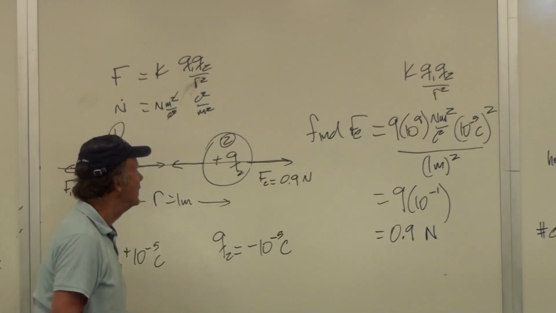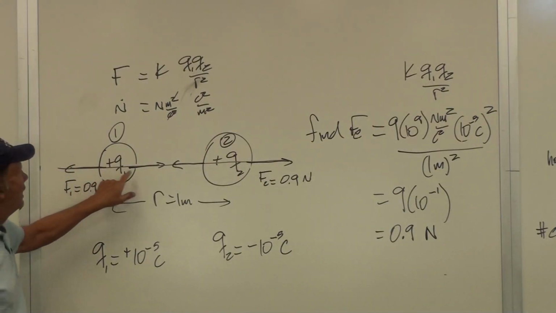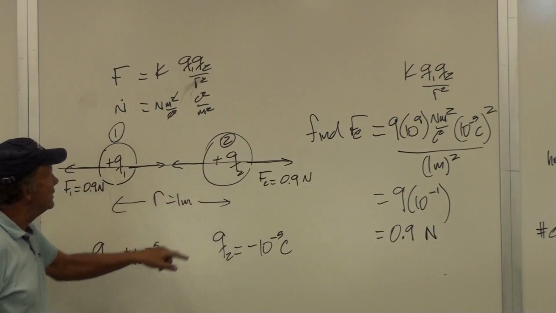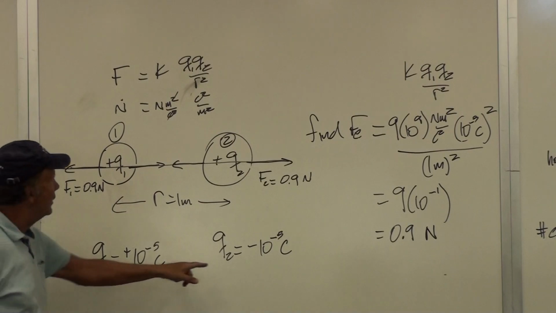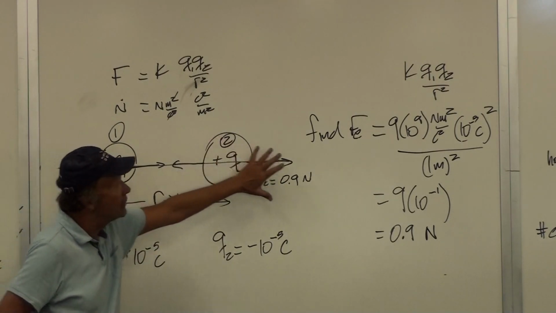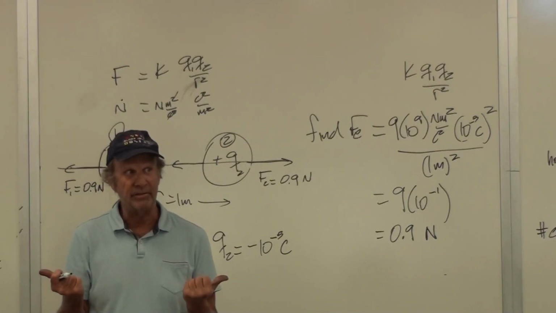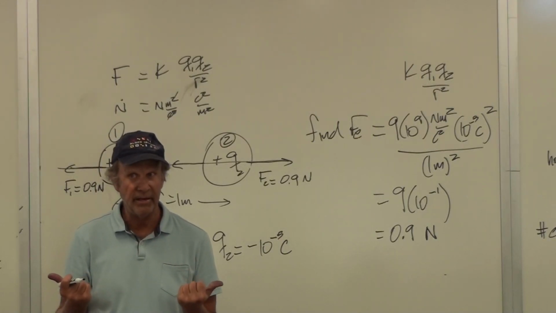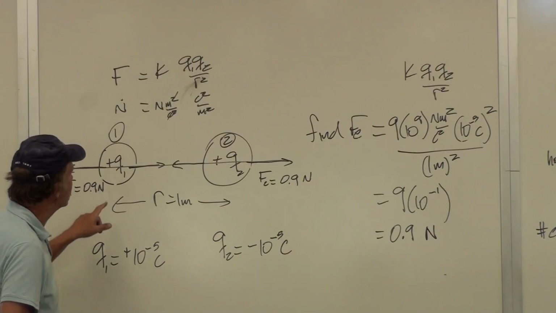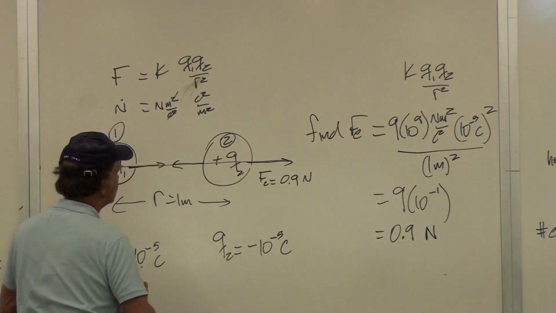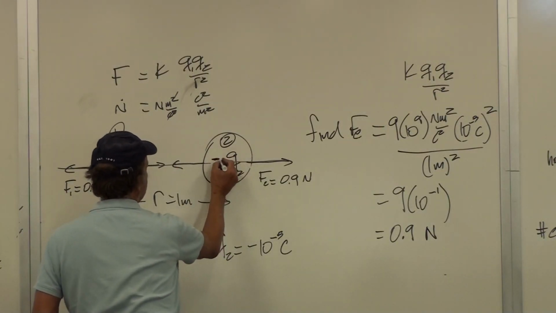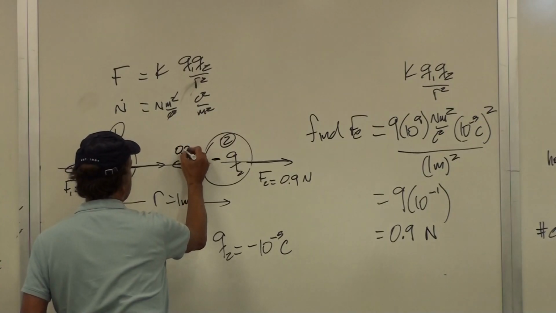You don't need to think in terms of trying to solve the math here and figure out what a negative force represents in terms of two completely different coordinate systems. That's going to be confusing and unnecessary. Just use the fact that unlike charges attract, and you've got the direction automatically.